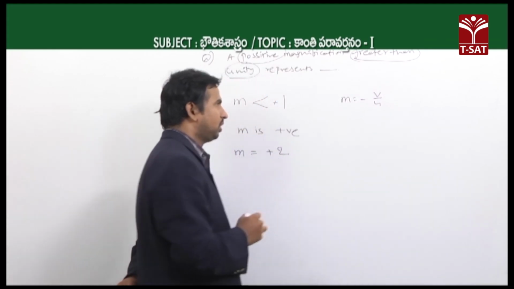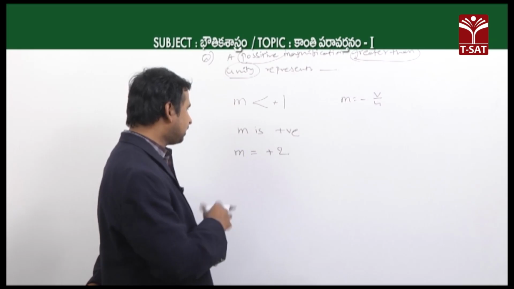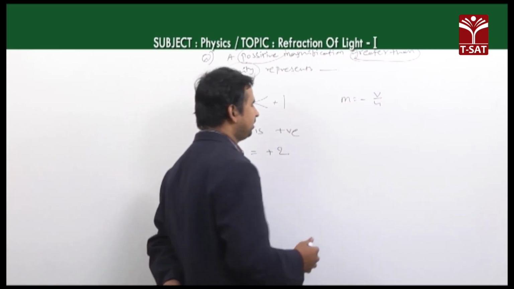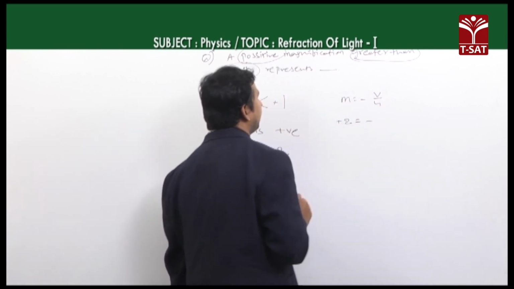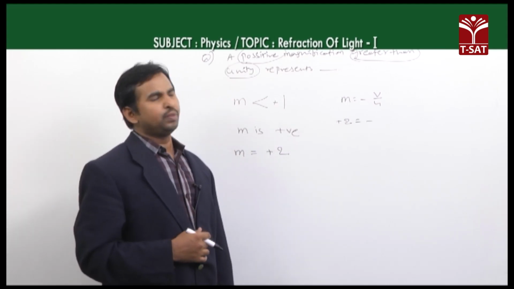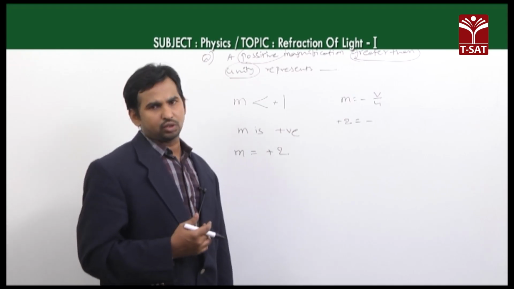Here the m value is given as plus 2. If you apply the sign convention, the given positive magnification is the case of the convex lens.